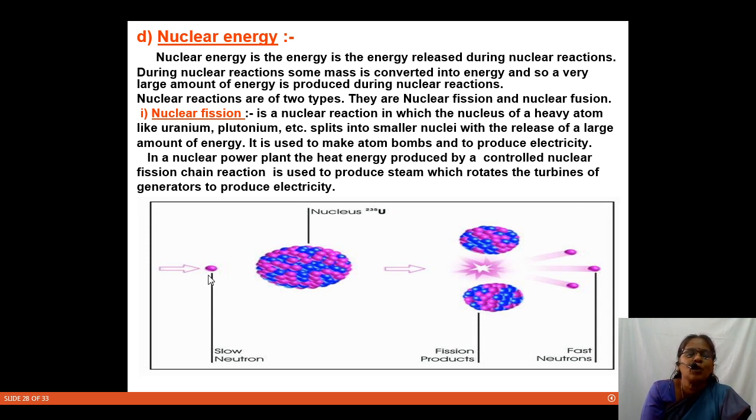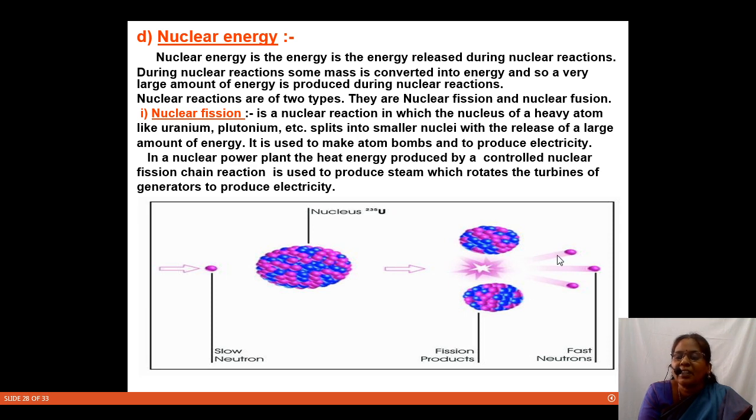One slow moving neutron has to come. Slow moving neutron means a less energy neutron. This less energy neutron is incident on the nucleus of the uranium atom. It goes inside, then it takes a few seconds to split into two equal medium size nuclei.